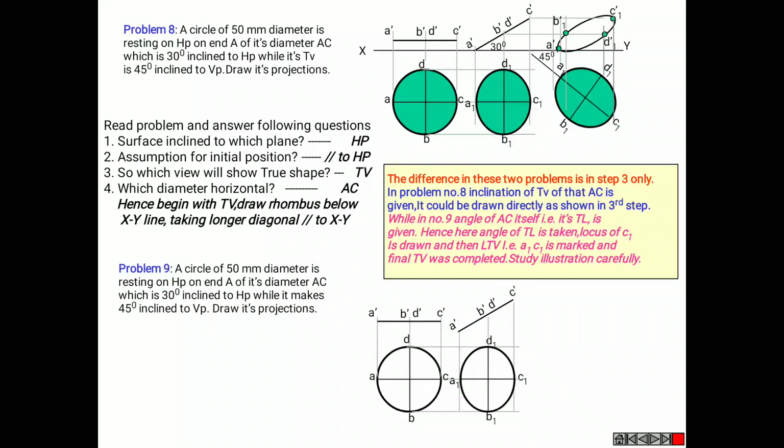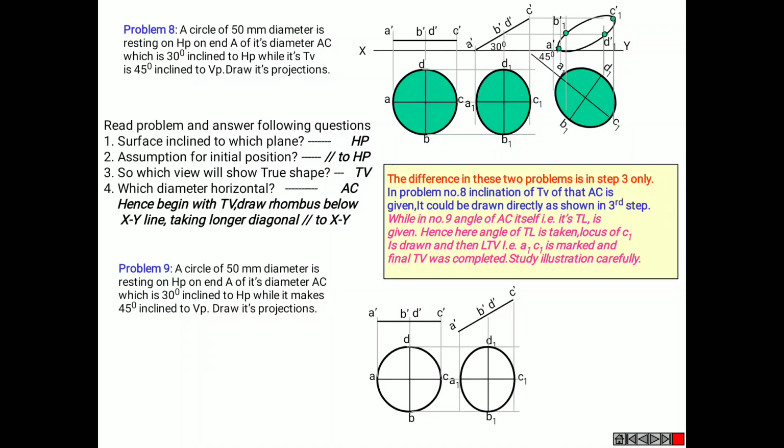In the one problem, the top view is inclined to VP at 45 degrees, while in the other question, it is inclined to HP while its top view is 45 degrees inclined to VP. So here, the inclination of the top view of that AC is given. It could be drawn directly as shown in the third step. While in the other problem, the angle of AC itself, therefore its true length, is given.